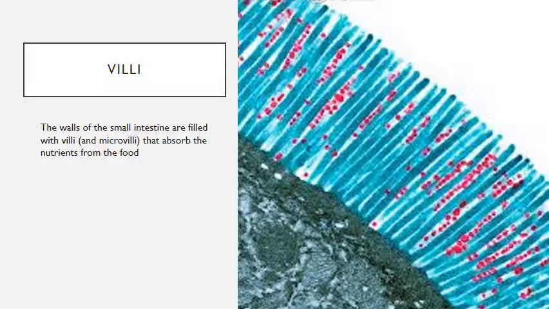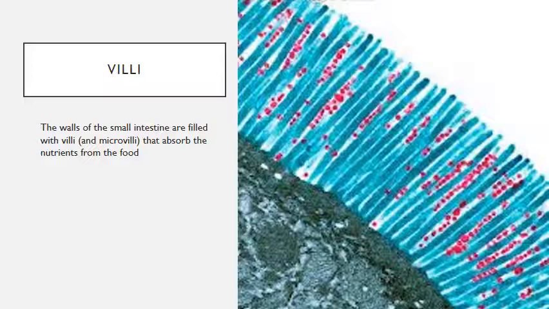Lining the walls of the intestine are these little hair-like structures called villi. And on the very tips of the hairs, you're going to have these tiny fingers called microvilli. So here you see villi, and then on the very edges, you'll have little extensions called microvilli coming off. These serve to increase the surface area that the chyme touches as it goes by.